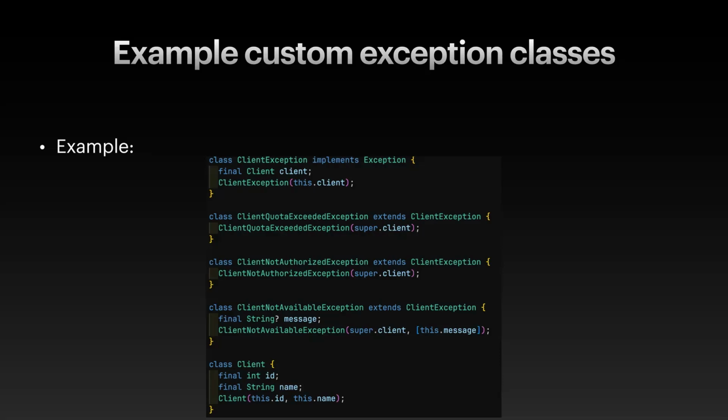But this is just for purpose of illustration. But this is an example of a hierarchy of exceptions that you could then throw and reliably catch. For example, client exception would catch every subclass of those. Or you could have a pattern match that scans through and figures out which one of those you're talking about.